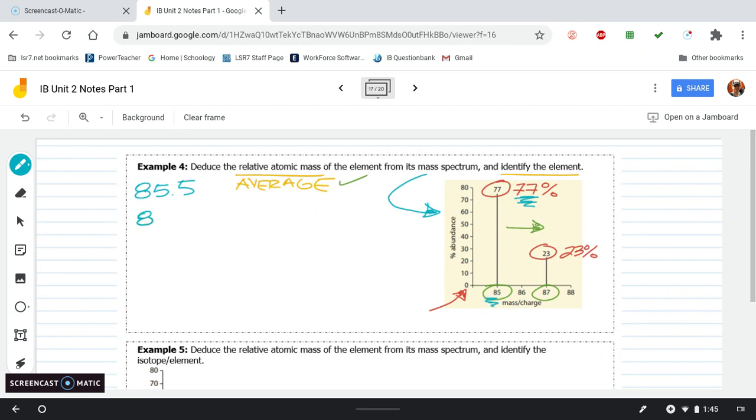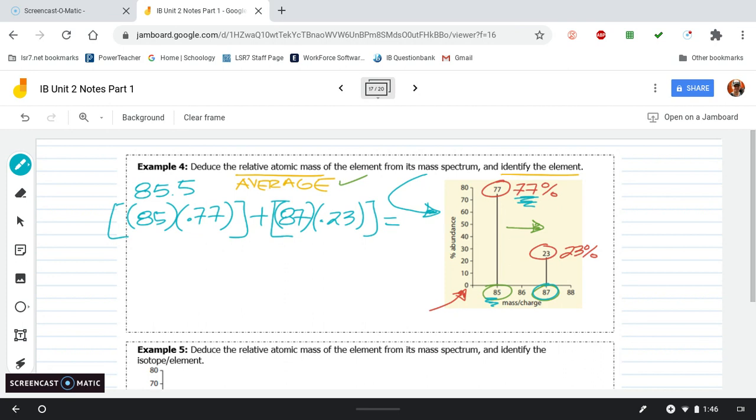Let's go 85, and we're going to multiply that by 0.77 in a calculator, and then add that to the 87 multiplied by 0.23. Like I said, you don't always get the percentages, so you have to be able to inspect them as well, not just use the math.